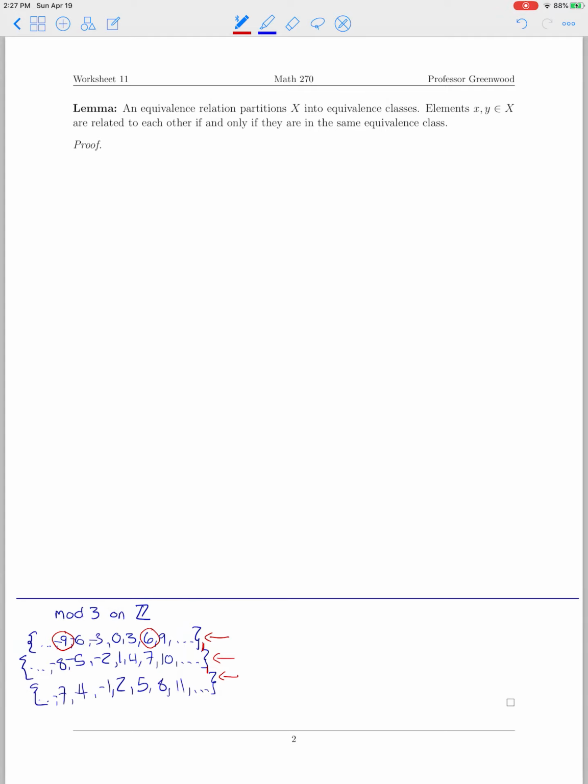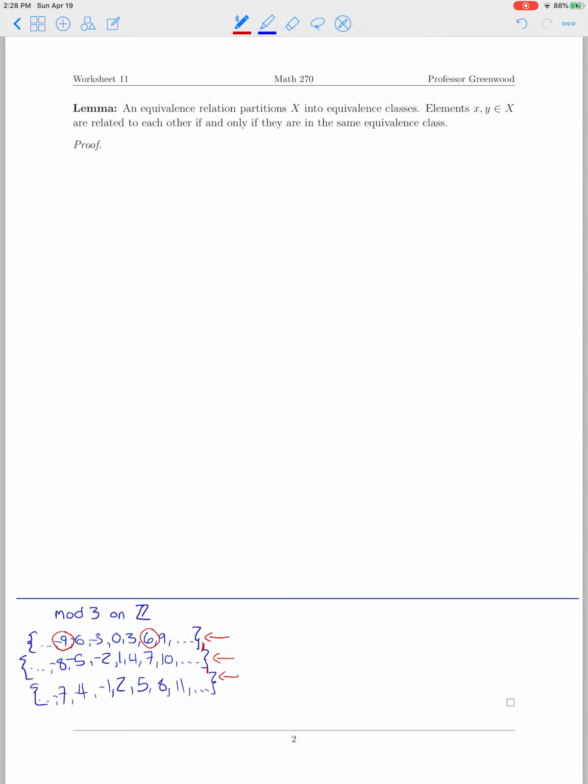And so what we'll end up doing is calling each one of these lines an equivalence class, because everything in the same line is related to each other, so they're all equivalent. Then we can say that this set Z, all of the integers, was partitioned into 3 different equivalence classes: one of them which is 0 mod 3, one of them which is 1 mod 3, and one of them which is 2 mod 3.